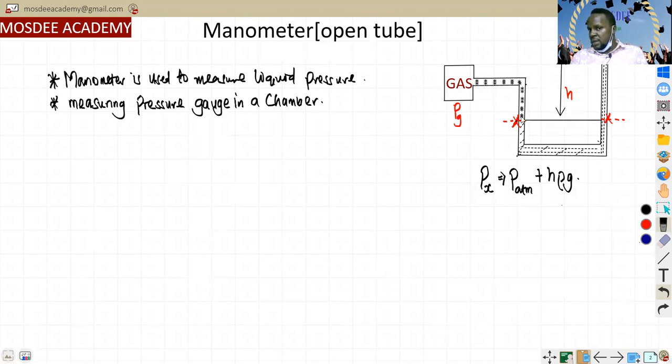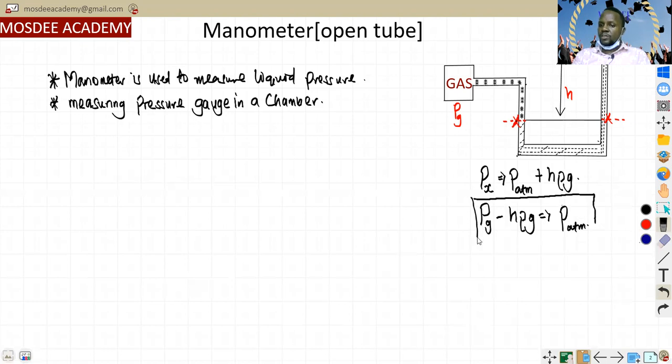So we can say the pressure at X is the same thing as the pressure of the gas. So I can say the pressure of the gas minus h rho g is the same thing as atmospheric pressure. This is the formula we use, and this is the formula you need to keep in mind whenever you are trying to solve questions on manometer.